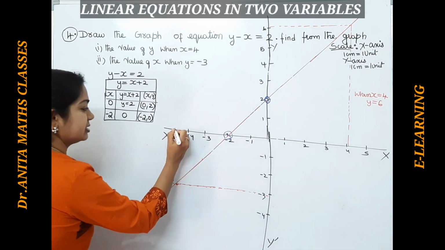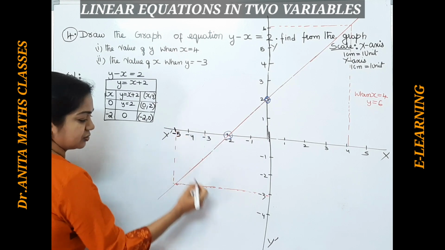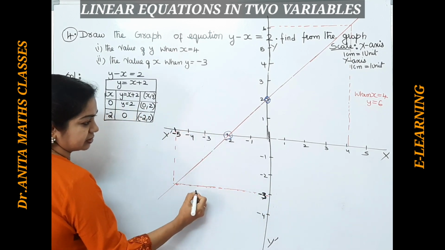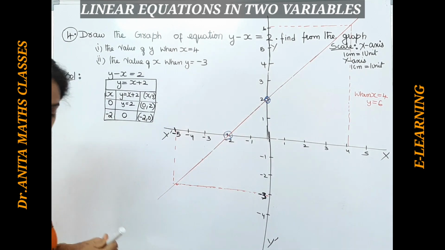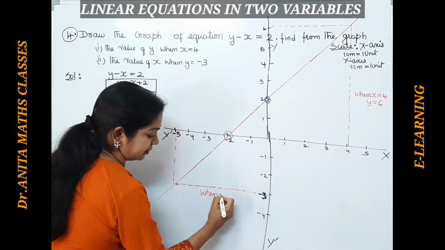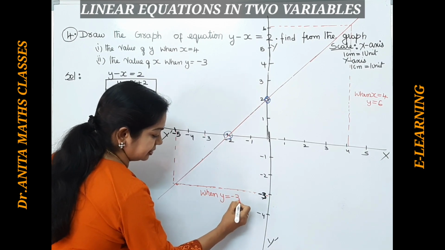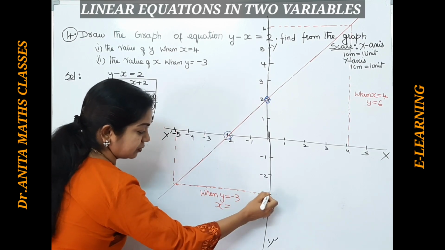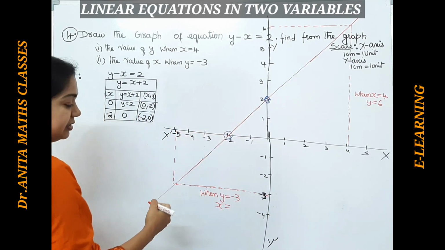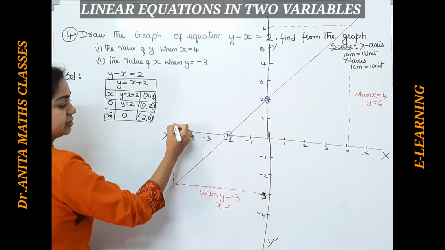I did not mention it. See, this is minus 5. So when y is minus 3, x value equals, because when it touches our line, this linear equation's line, that point you extend it to this.